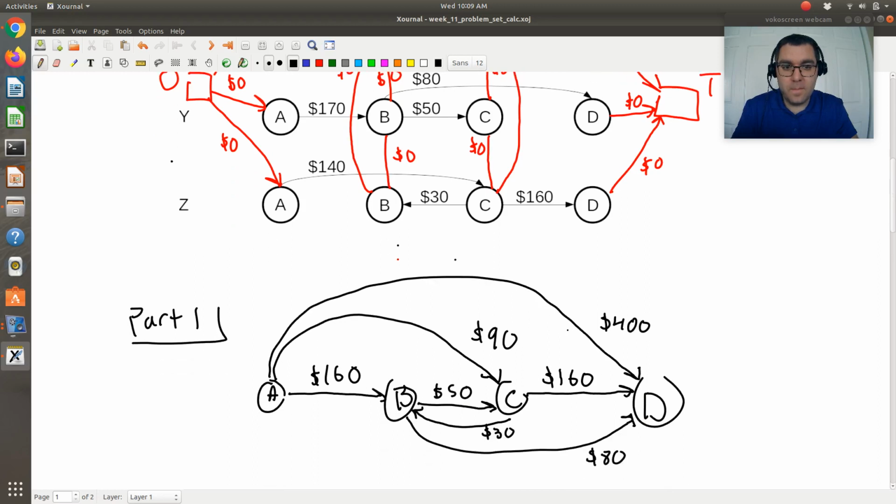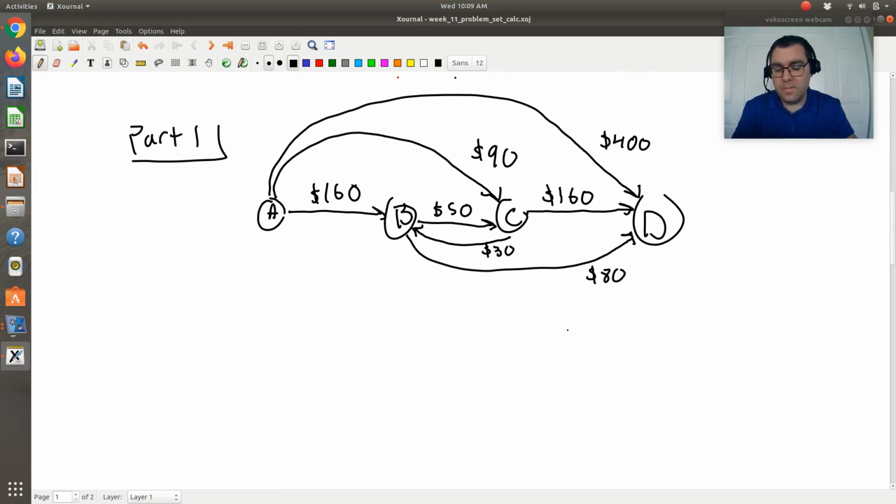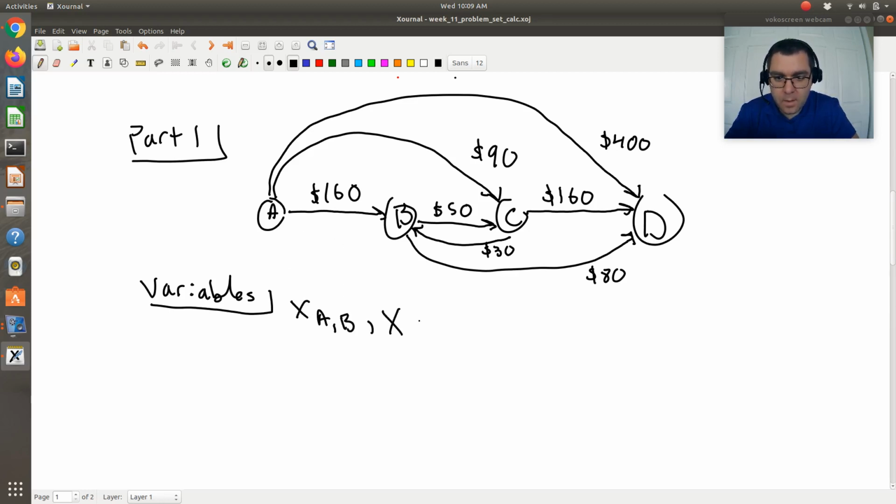All right, so let's do it. Setting it up in this way, I'll start with my variables. My possible routes: starting in A, I can go to B, C, or D, so I'll have XAB, XAC, and XAD.